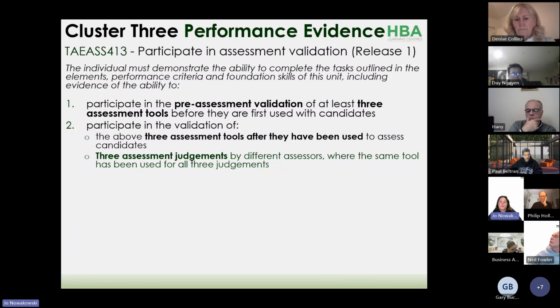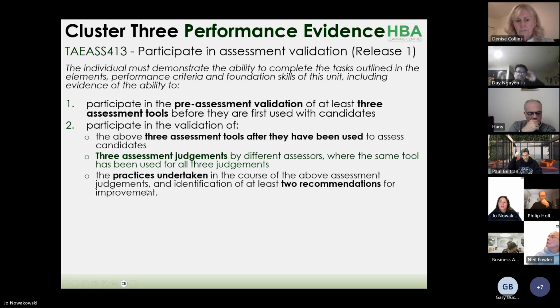What your task will be is to go through the assessment results and see where or if there are any improvements that need to be noted. The practices undertaken in the course of the above assessment judgments and identify at least 2 recommendations for improvement.